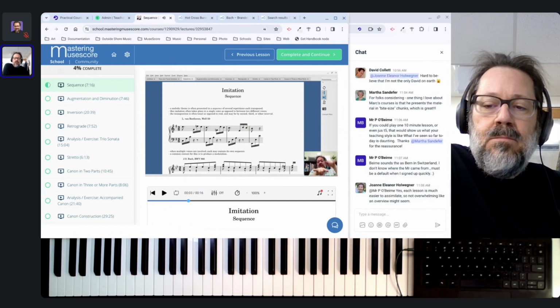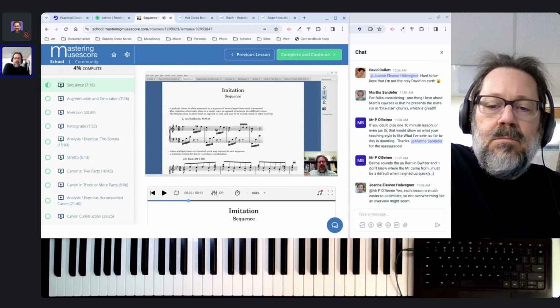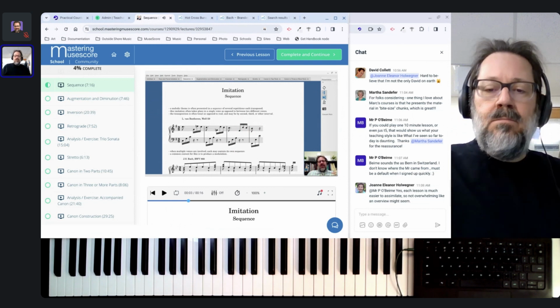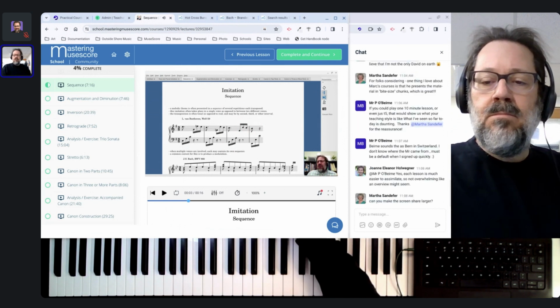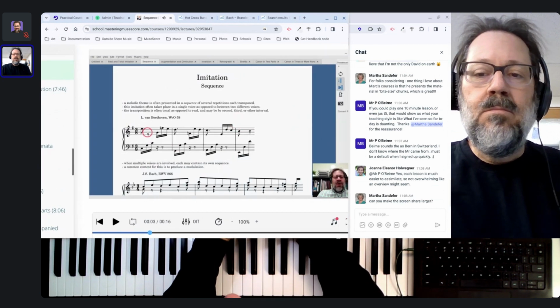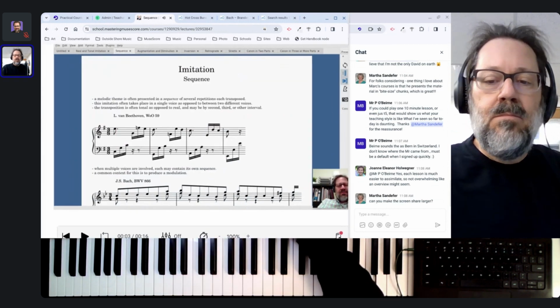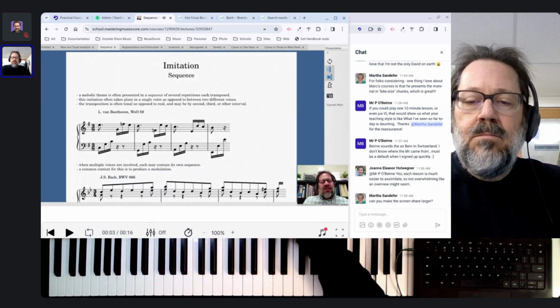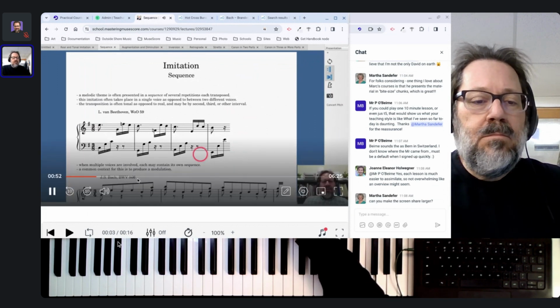Perhaps it's up a third each time, or down a third each time. It could be any other interval, but really the step is the most common one. Now that imitation could be real or tonal, doesn't really matter. But as long as you just hear that same motif like 3 times in a row at a different pitch level each time, we can call it a sequence.